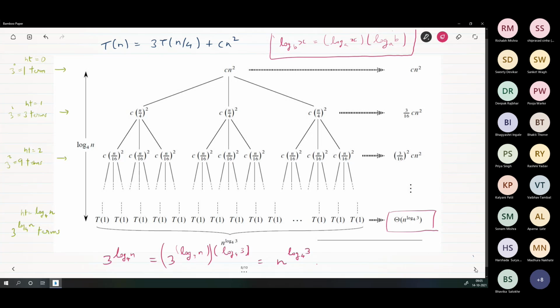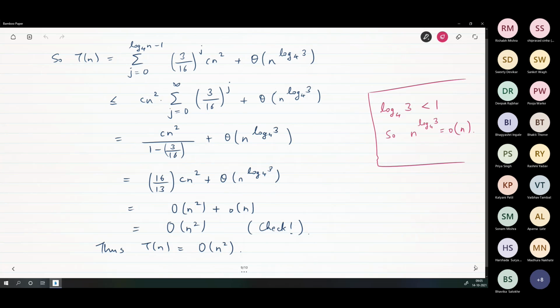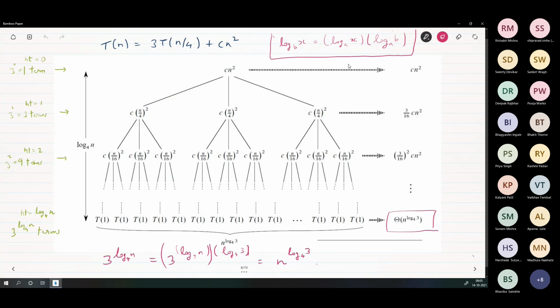Okay then. So once we have these costs, we have to add them all up. So T of n is now like this plus this plus this. Now theta n to the log 3 to the base 4 is at height log n to the base 4, up to log n to the base 4 minus 1. Up to one level less, up to this level, the terms are all of this form.